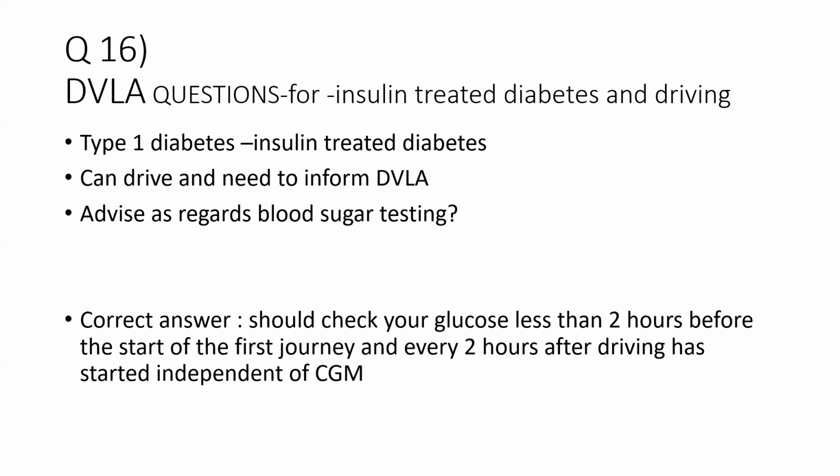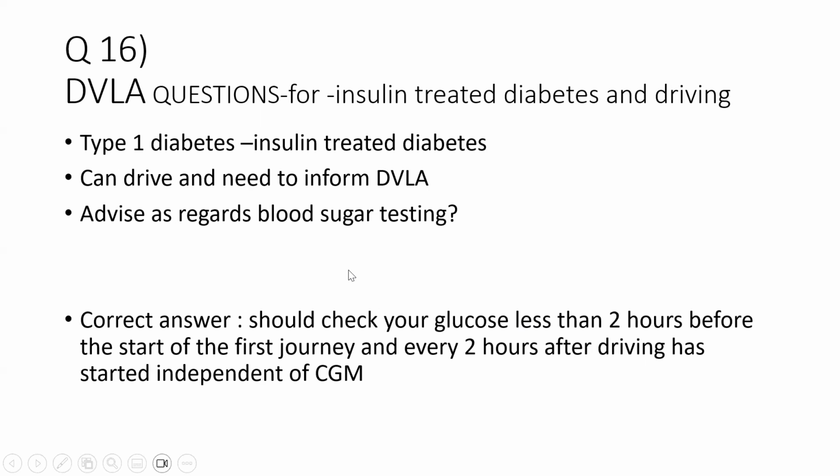Type 1 diabetes, which is insulin-treated diabetes, the patient can drive and needs to inform the DVLA. We know that. And there was advice regarding blood sugar testing. When should you test your blood sugar? The correct answer, as per the options provided, is to check the glucose less than 2 hours before starting the journey, and then every 2 hours after driving has started, independent of whether the patient is wearing a CGM or not, which is a continuous glucose monitor.